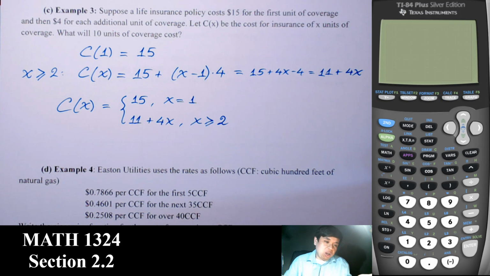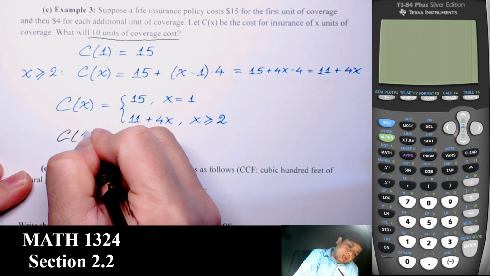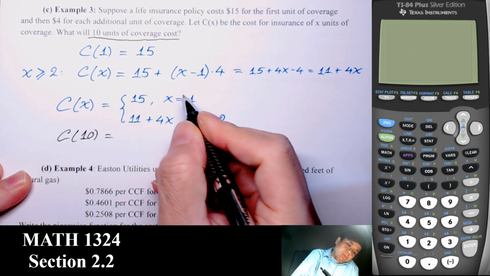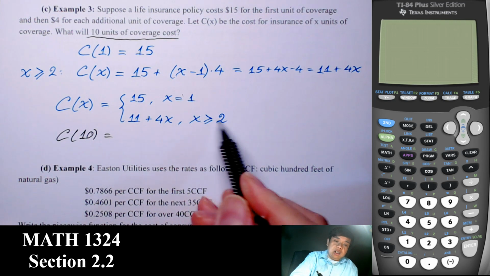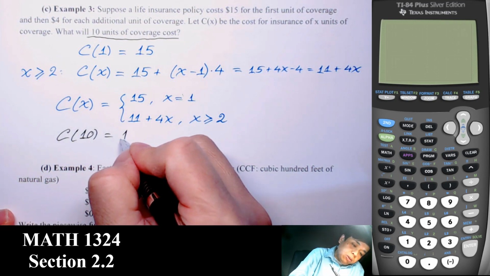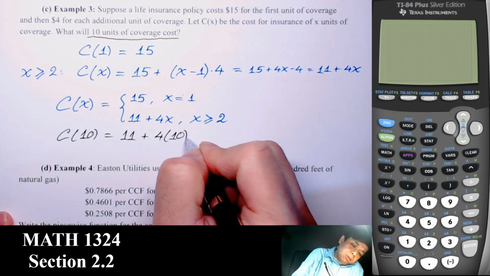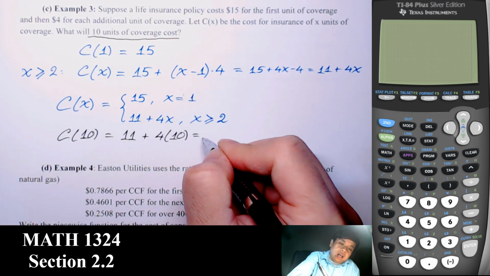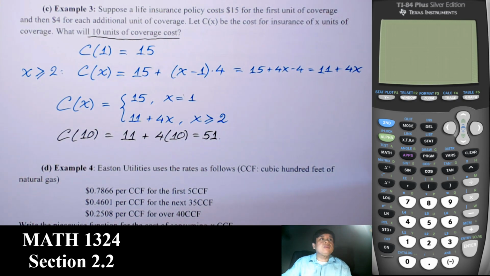I would say when x is greater than 1 if we want to. And the next part is evaluate at 10 units. So 10, substitute to the condition, of course 10 is greater than or equal to 2. That gives us 40, plus 11, that's 51. That's what we have.